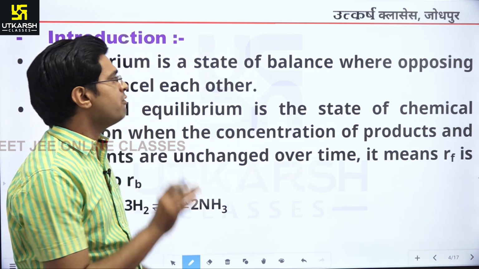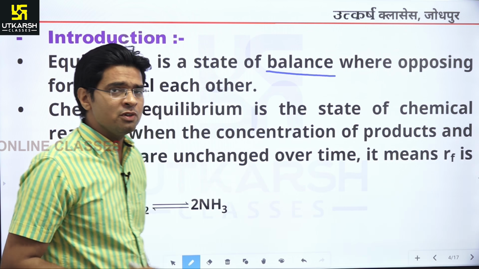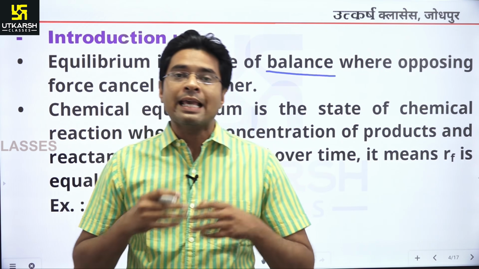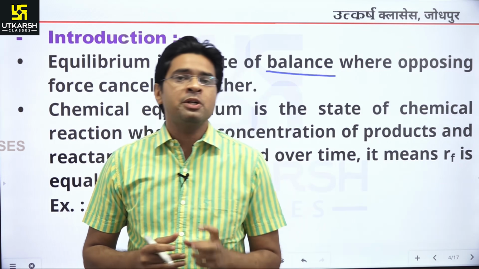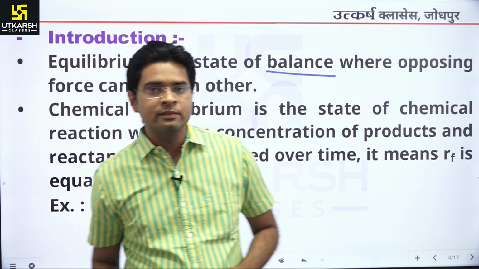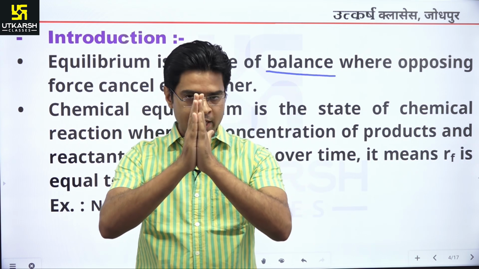Basically, the meaning of equilibrium is a balance, a balance between two opposing forces. If two opposite forces cancel each other out, then this particular state is known as equilibrium. For example, I am applying force with these two hands in opposite directions.